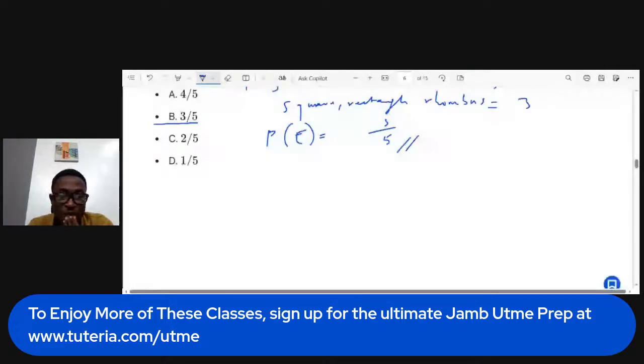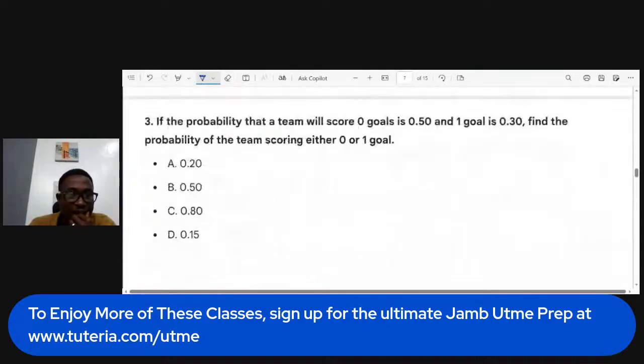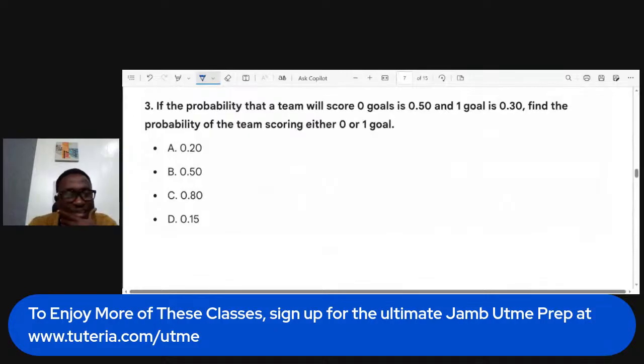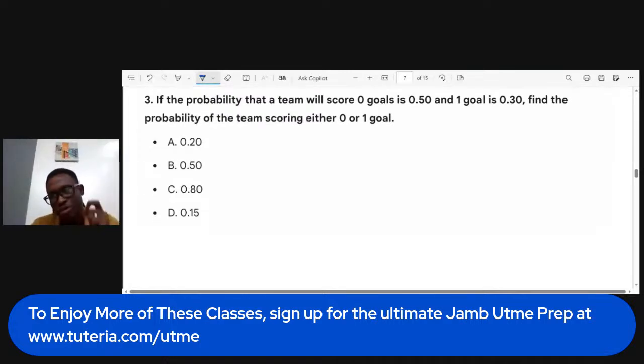The next question, we're going to be applying one of the principles here. If the probability that a team will score 0 goals is 0.5 and 1 goal is 0.3, find the probability that the team scores either 0 or 1. Let me go over it again.